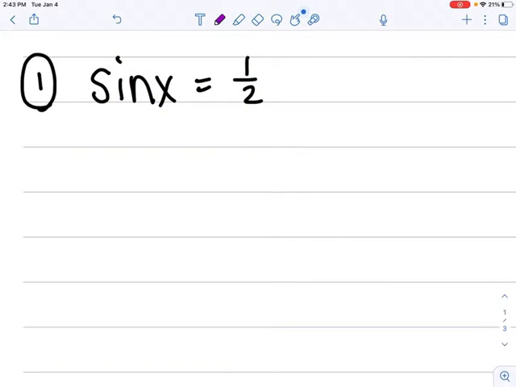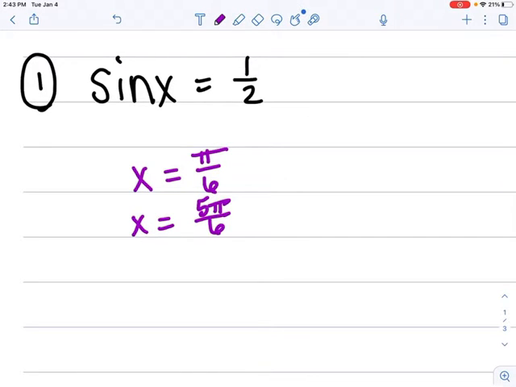When is the sine of x equal to 1/2? Well, that happens at two different places. It happens at pi over 6, and it happens at 5 pi over 6. Okay, but this continues to happen as we continue to rotate throughout the unit circle.